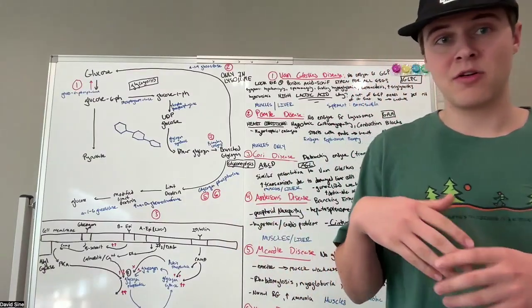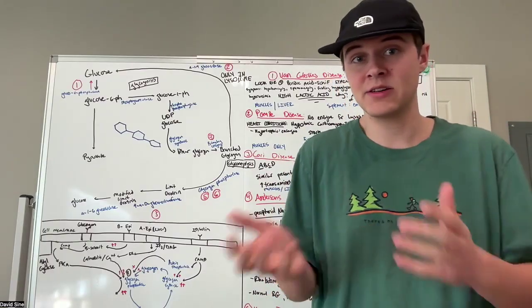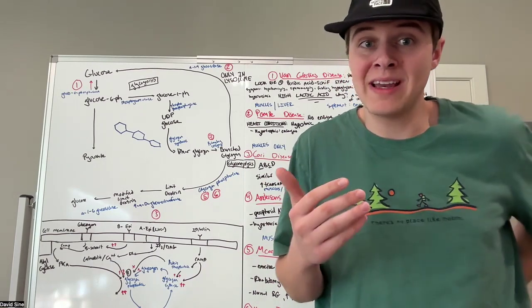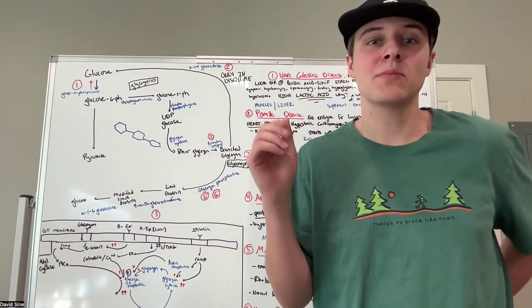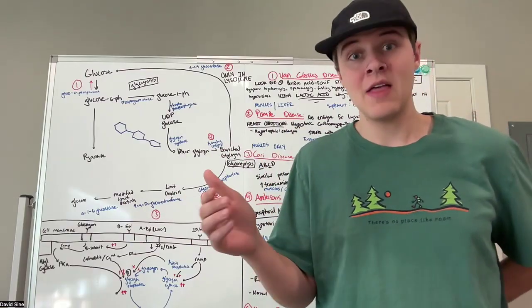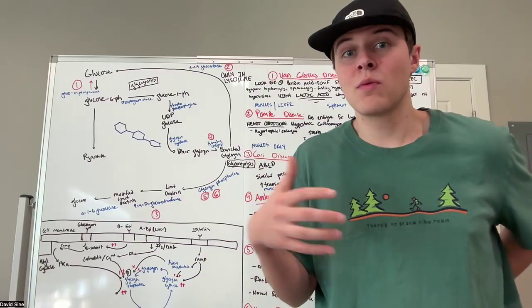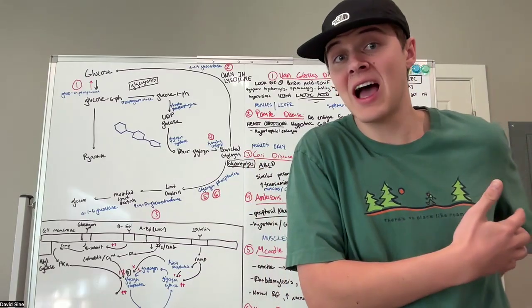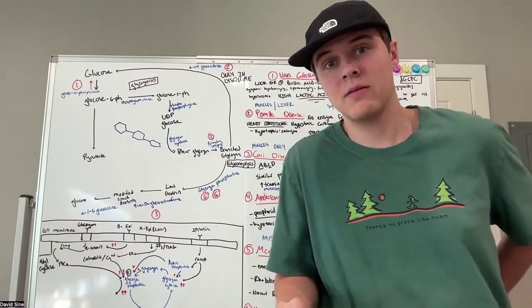But because of human evolution and the fact that we don't eat all the time at a consistent rate, the liver is what maintains a healthy blood sugar level and releases glycogen when we're in something called a starving state, and then stores glycogen or the glucose when we're in a fed state. So we're basically just storing for a time in need when we're going to be hungry again.